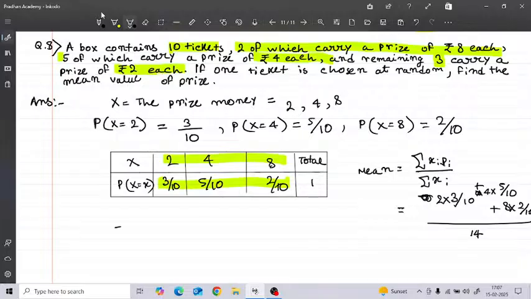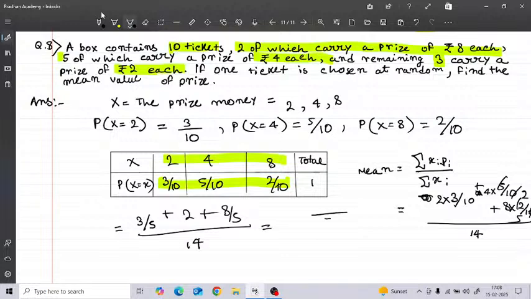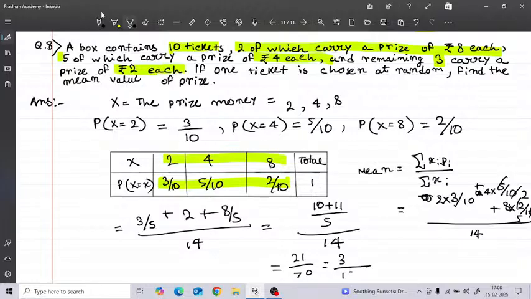From this I will get 3 by 5 plus 2 by 5 plus 8 by 5, that is 14 by 5. So that's the mean.